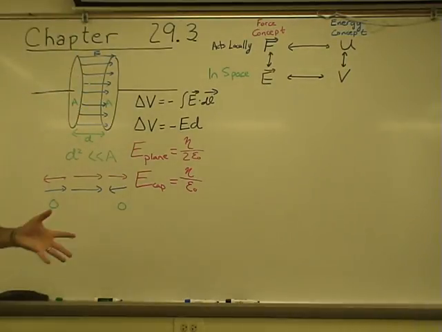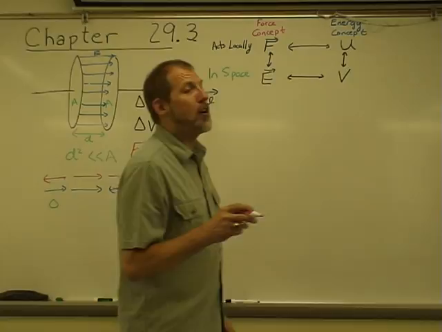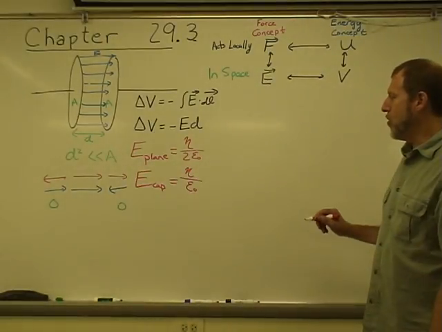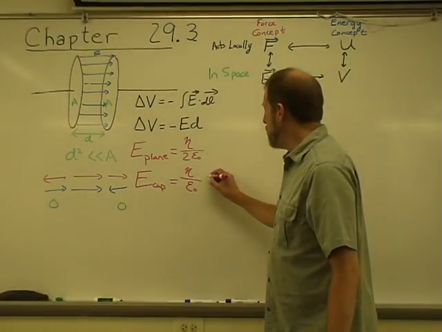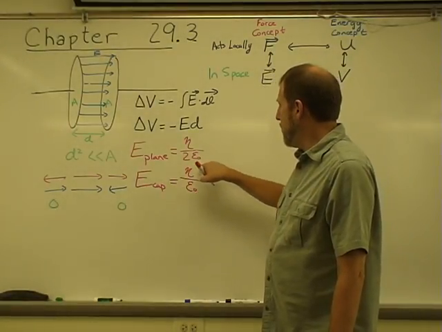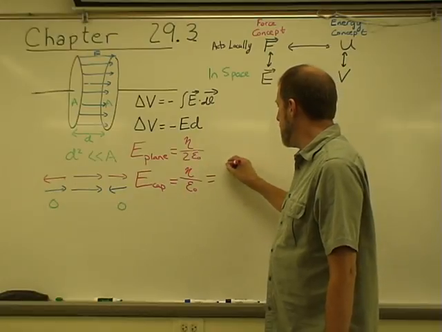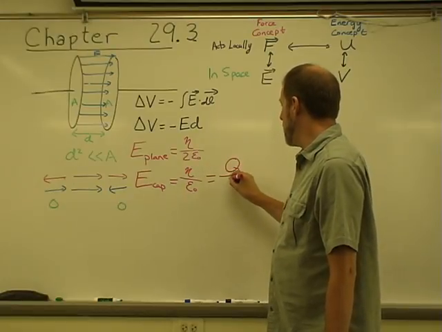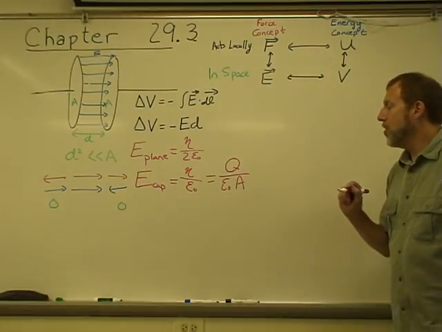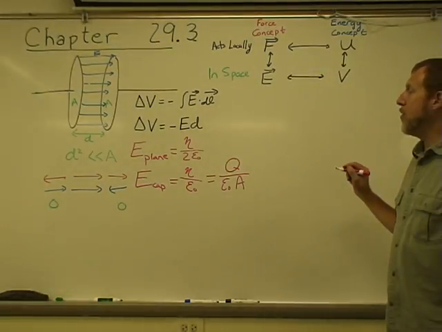There's a lot of time where we're going to ignore the parts that aren't helpful to us or are complex. And honestly, that's a lot of science, working out what we can ignore. So this charge per area is the surface charge density, which is the total charge Q divided by the cross-sectional area of a plate.